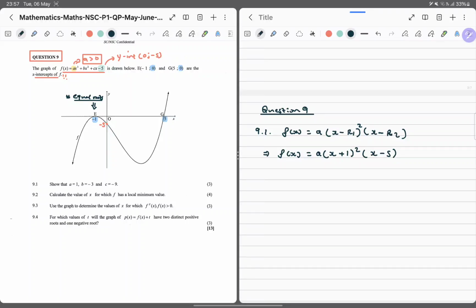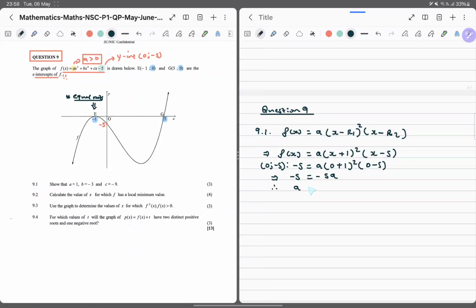We realize that the y-intercept is (0, -5). So this is such that -5 is equal to a, with x now 0, which will imply that -5 is equal to a times 1 times -5, which is just -5a.